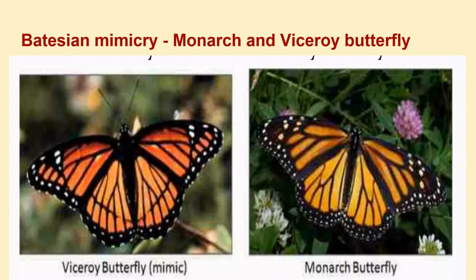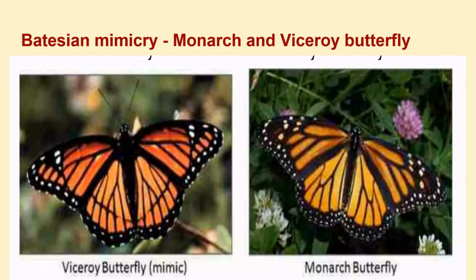Here, these two butterflies belong to two different species, but their color patterns are strikingly similar. The monarch butterfly is inedible and the viceroy butterfly is edible. Both of them live in the same area. The monarch butterfly forms the model and the viceroy butterfly is the mimic.